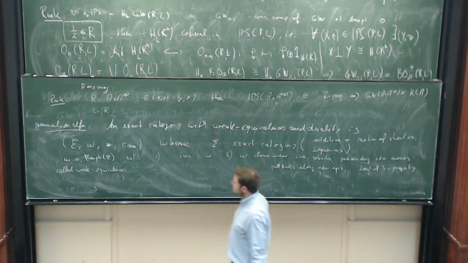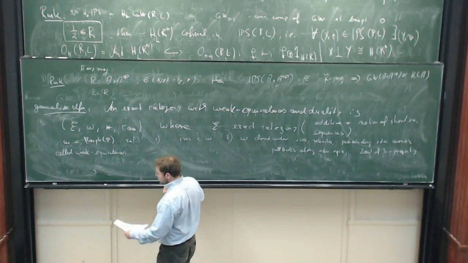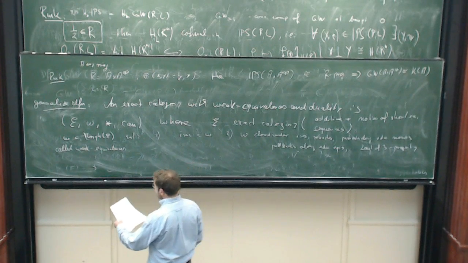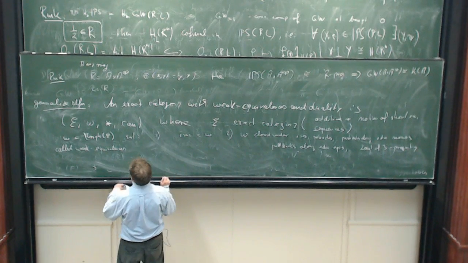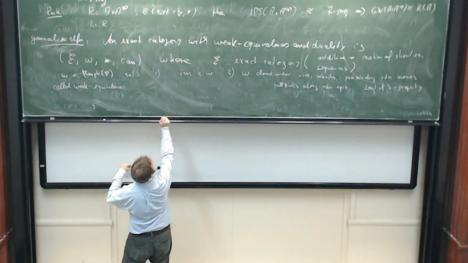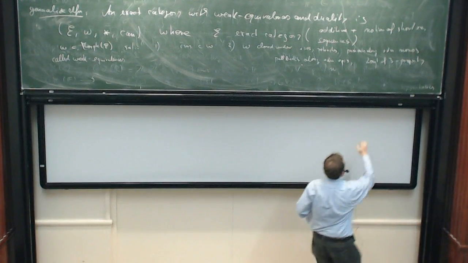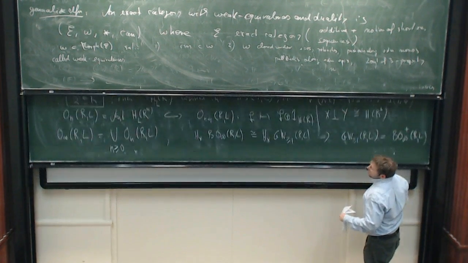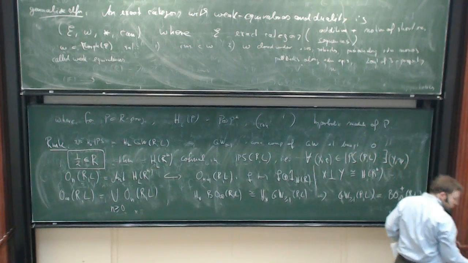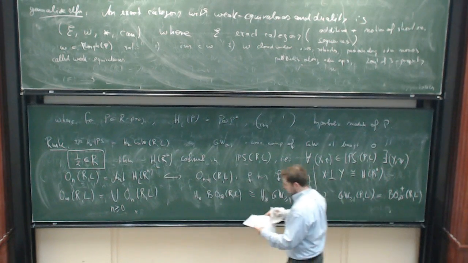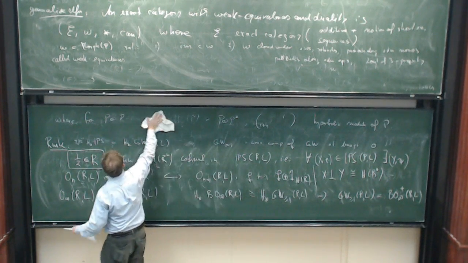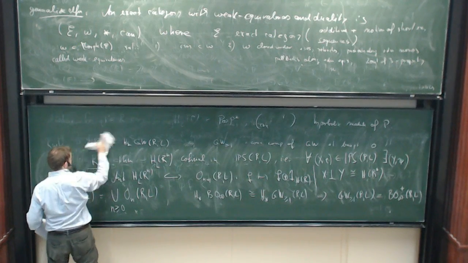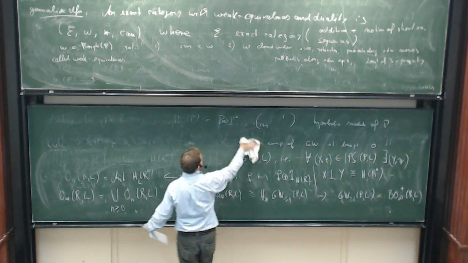Okay, so that's weak equivalences. Then we have the duality. So far, what I would call an exact category with weak equivalences.